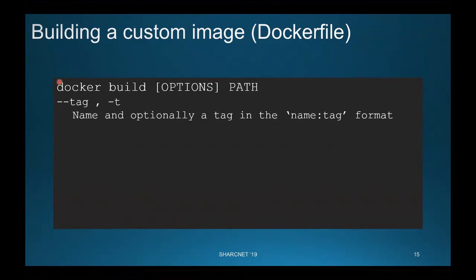So you'll typically see the Docker build examples, or when people give you instructions on how to build their image, it'll be Docker build, their options, and then just dot, and it'll look in the current directory for the Dockerfile. The most common option you'll see is the tag option. Look on the website for more options, and this just gives a name for your Docker image, so you can find it when you do Docker images.